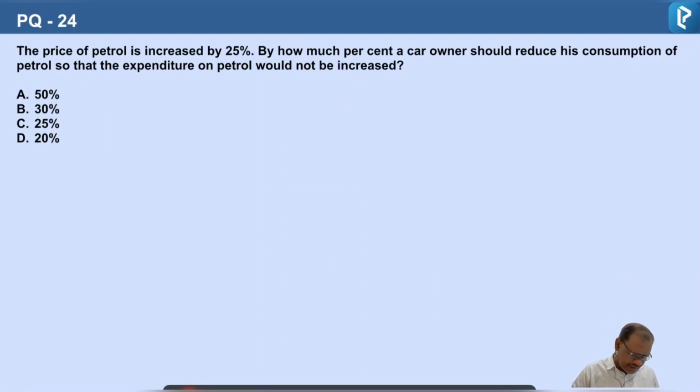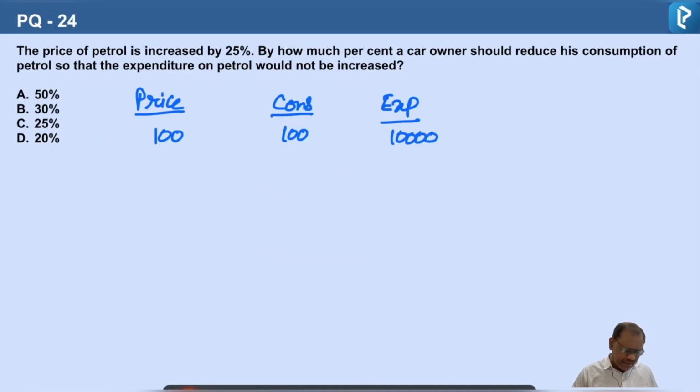See here also, let us write down the titles: the price, consumption and expenditure. The price is 100, consumption is 100, expenditure is 10,000. The price is increased by 25%, so it becomes 125.